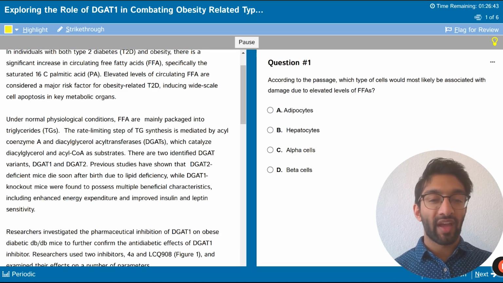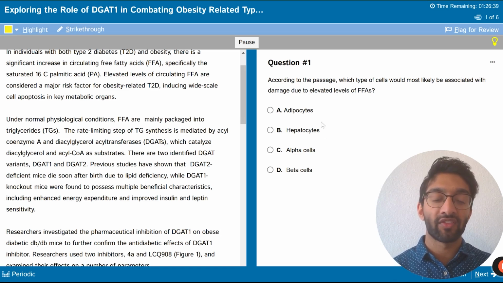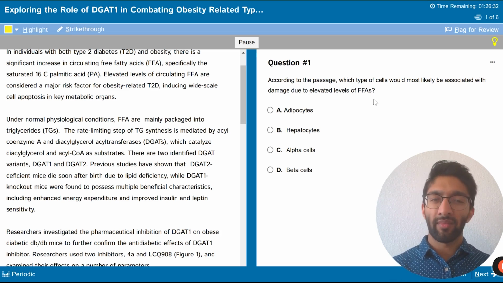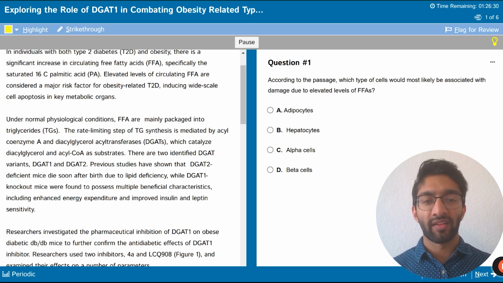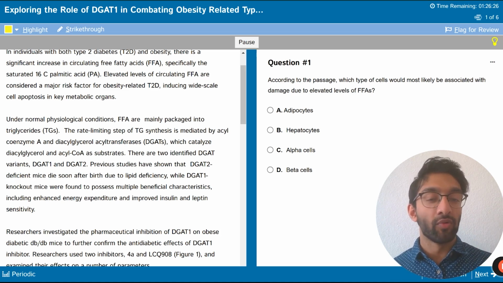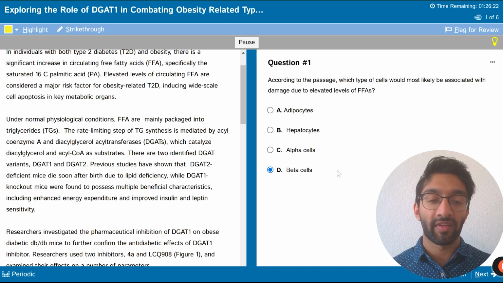Alpha cells in general, yeah, they're involved in metabolism, but it doesn't really relate to the passage or anything we read in the passage. Same thing with hepatocytes, even though the liver might be involved in metabolism, and you could think that maybe it stores these fatty acids. There's not any direct proof in the passage for that. And for this reason, we would say that beta cells are probably the best answer.